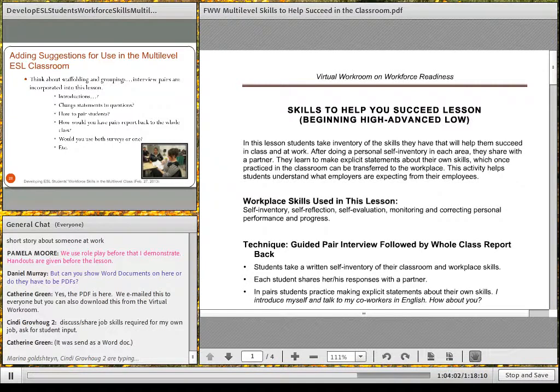I come to class on time. True. I know many of them will not know how to ask their partner, do you come to class on time? So I know I would have to go through here and have students work with me or work in small groups or with a partner to turn these into questions.